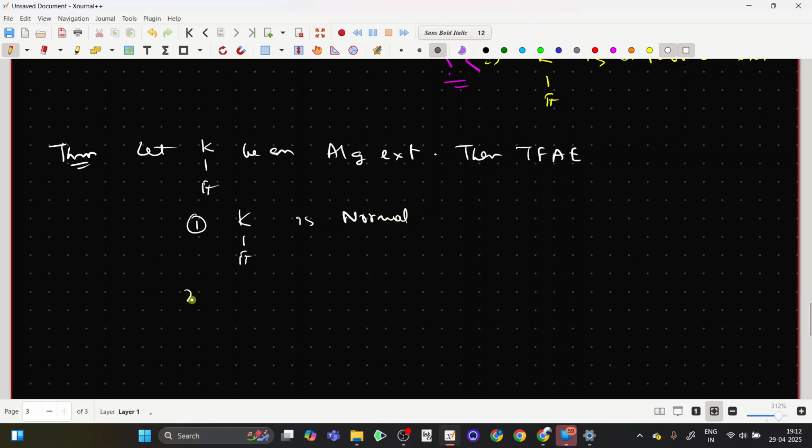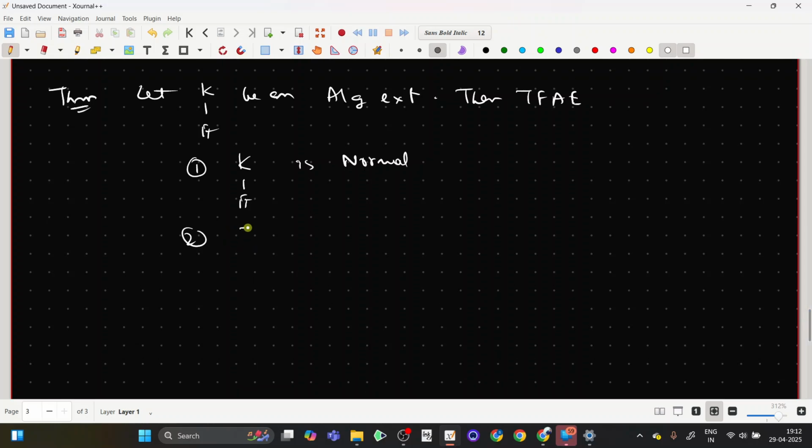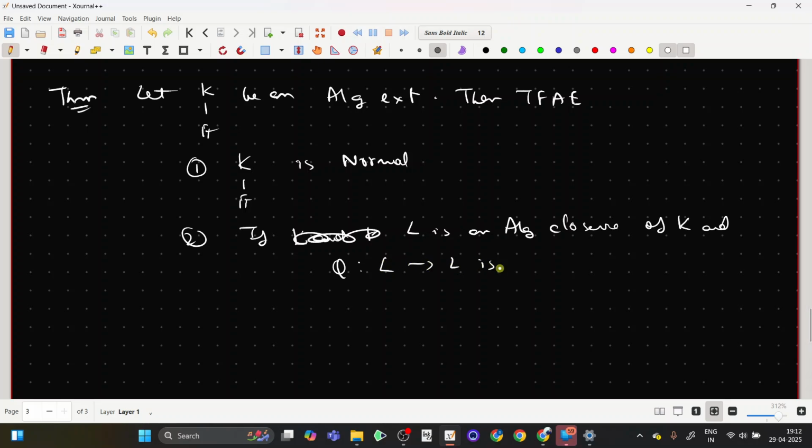Number two, and this is a very important statement, you need to understand this very well: if L is an algebraic closure of K, and phi from L to L is an F-automorphism.